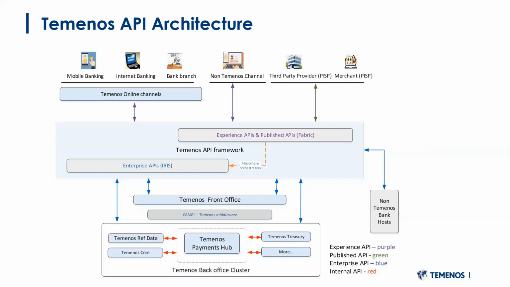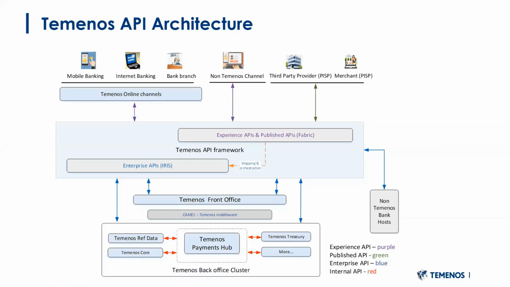Whereas the blue ones are what is actually exposing the backend functions to the front. So the blue arrows remain in the middle layer, whereas purple and green, you can see, are on the exteriors.